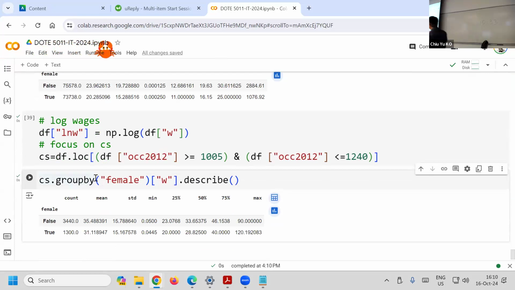Actually we cut the data from more than 100,000 to about 5,000 data points. And you can already see more male than female, because in computer science you had more male than female in the early days. Now I think it's similar.